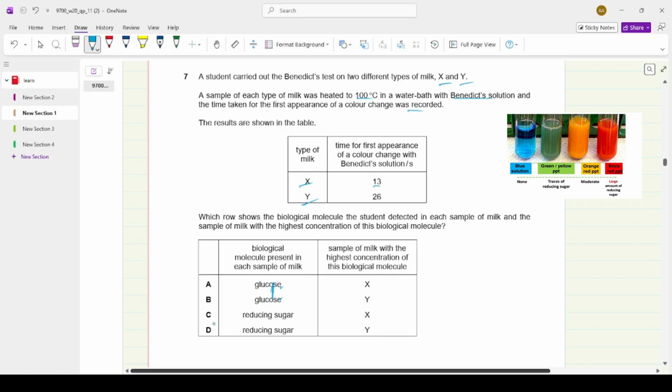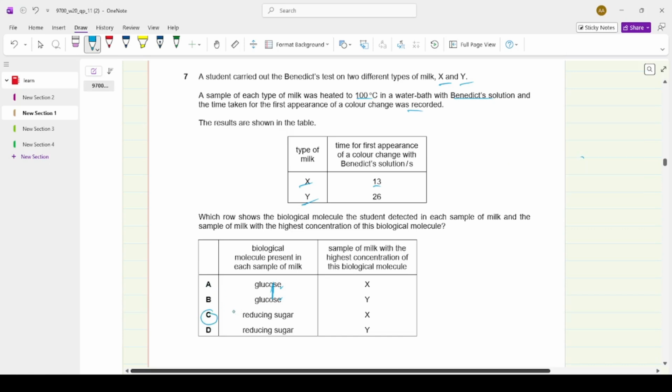So the best option here was C, even though A would make sense, but the reducing sugar could be anything else apart from glucose. So the best option was C.